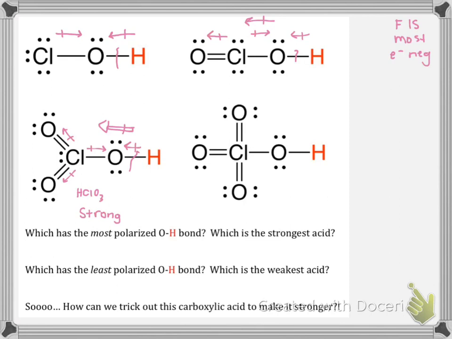And then in this case now, we have an additional oxygen drawing even more electron density away, making this bond even more polarized and making this even stronger. And this is HClO4, which is another one of our strong acids.